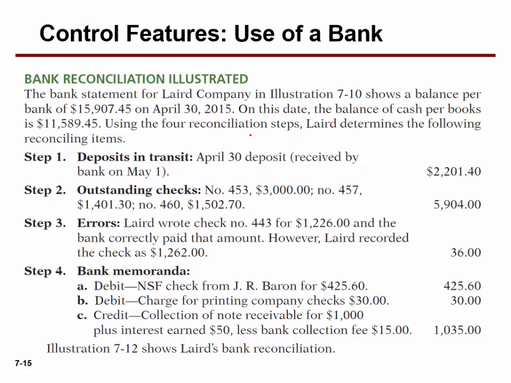Or they're going to give you the bank balance, and we're going to adjust the bank balance for the things that the company knows about that the bank does not. I know you understand it. It's just hard to say it.